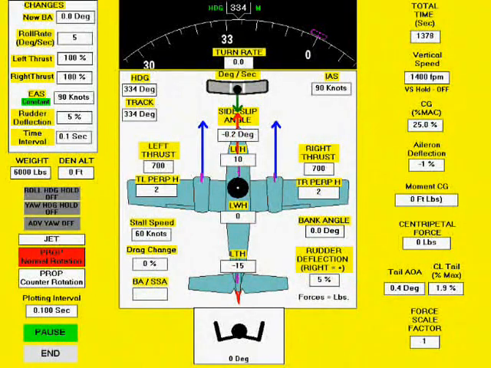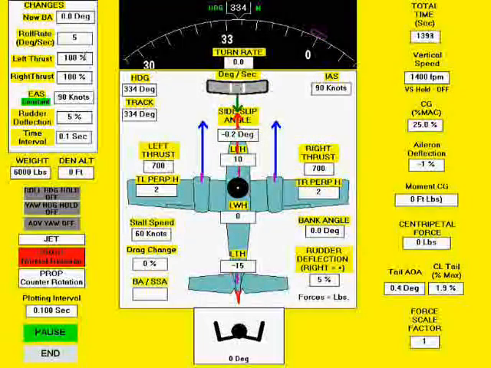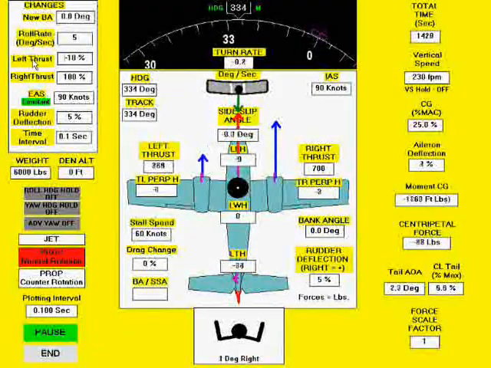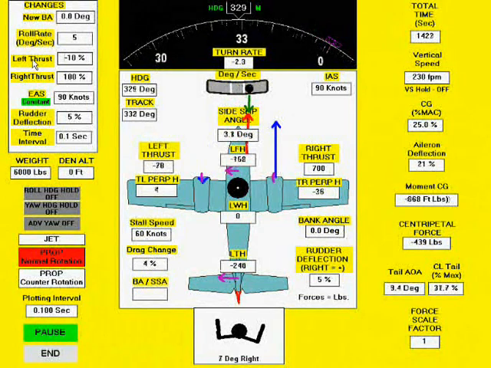Engine failure identification for a prop aircraft may require a slight modification of the jet procedure. We will now fail the left engine and follow the jet procedure.